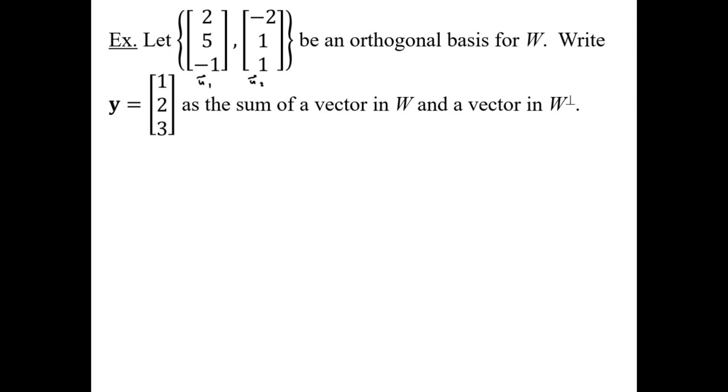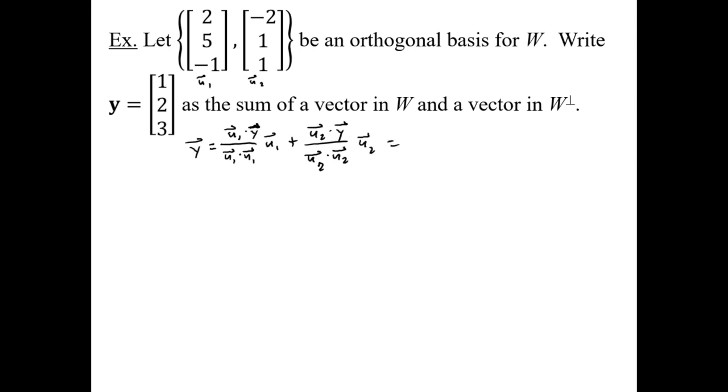We want to write y as the sum of a vector in W and a vector in W perpendicular. So the formula from the previous slide said y is equal to u1 dot y over u1 dot u1 times u1 plus u2 dot y over u2 dot u2 times u2.